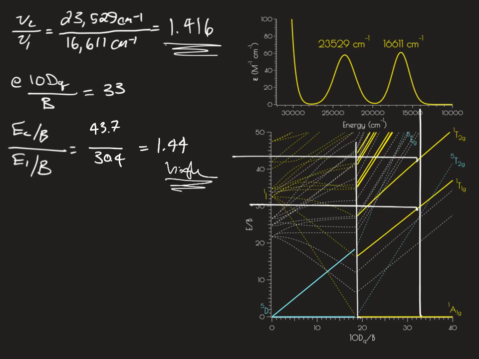We need to lower that ratio, which means we're going to move towards the right in 10Dq over B values.